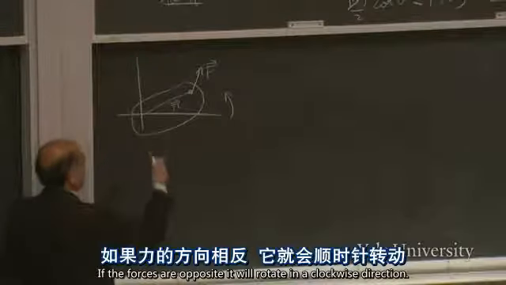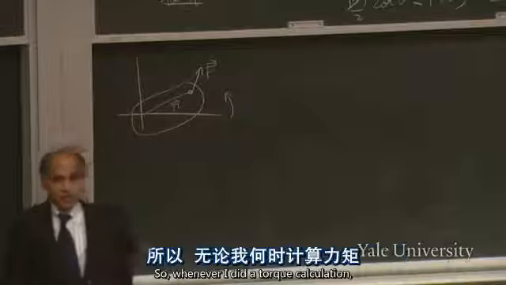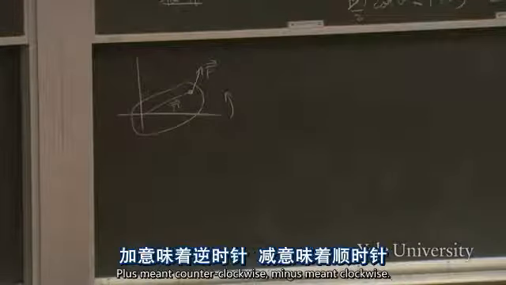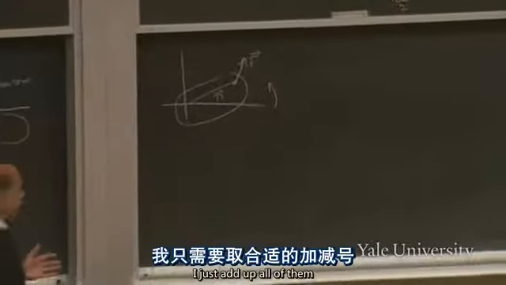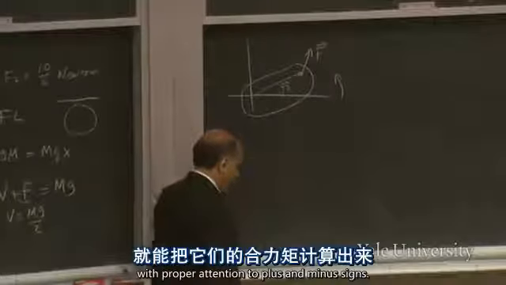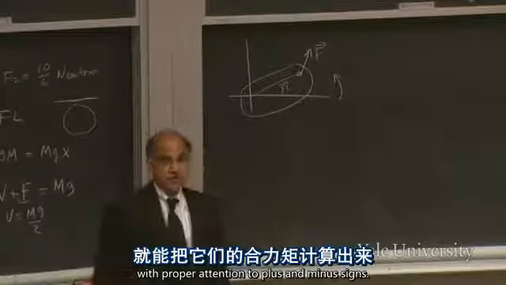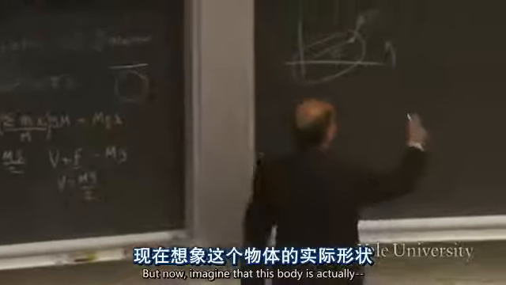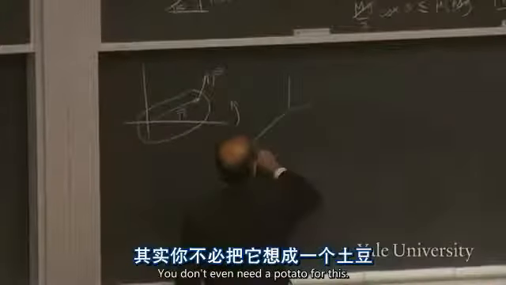If the force is opposite, it will rotate in a clockwise direction. So whenever I did a torque calculation, the torque was either plus something or minus something. Plus meant counterclockwise, minus meant clockwise. If I got 10 different torques, I just added up all of them with proper attention to plus and minus signs.